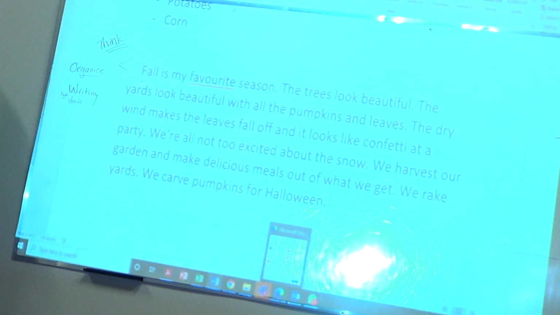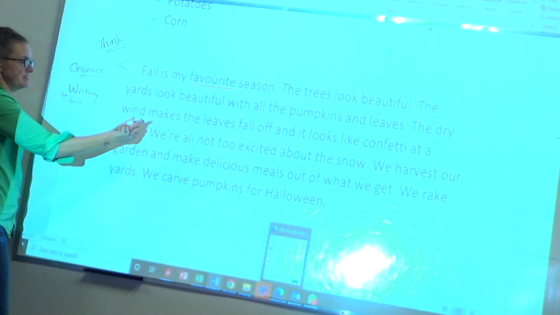What if we said, how could we turn the snow into a positive? After we've harvested everything and the yards are cleaned up and everything, then we're ready for the snow to fall. Okay, yeah, so then we're ready for that.